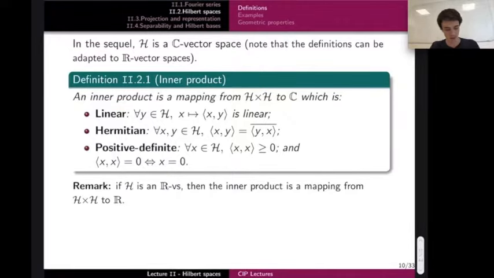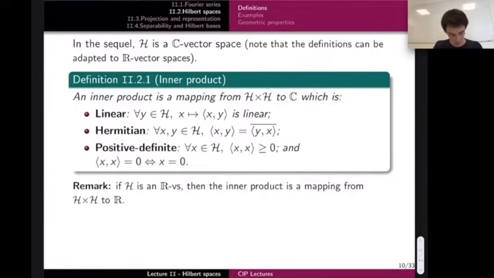Here, we just recall the definition and pay attention to the fact that this is a definition in C, so it's a complex valued mapping from H times H. So for now, H is just a vector space, a C vector space, which means that the underlying field is the space of complex numbers. But it can be easily adapted to real-valued vector spaces, but for lots of reasons that we will see later, it's interesting to have the definition in C.